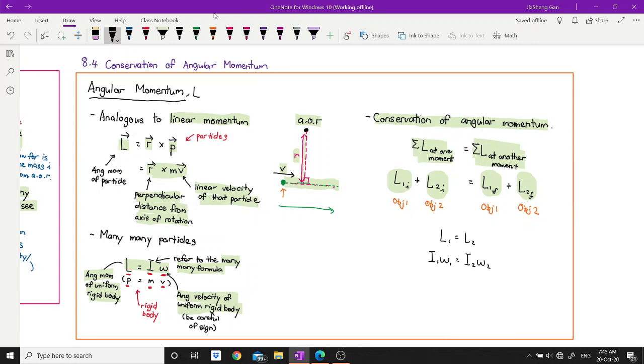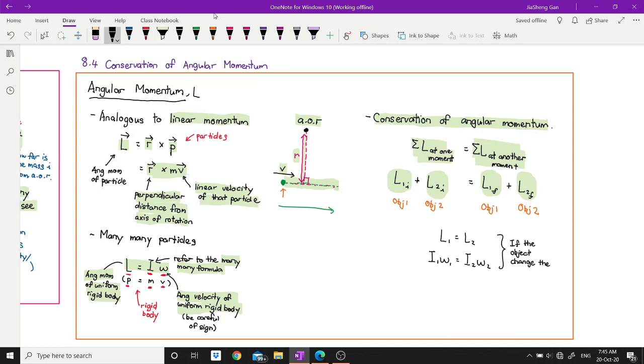Okay? This is if the object changes its distribution of mass. Before, all the mass is near the center, near the axis of rotation, then you change the distribution, you push all the mass to the rim, far away from the axis of rotation.